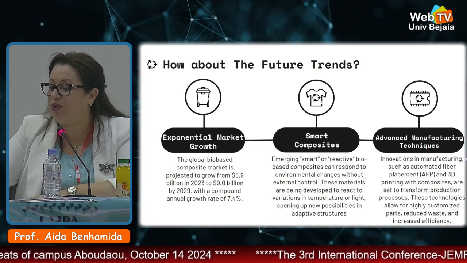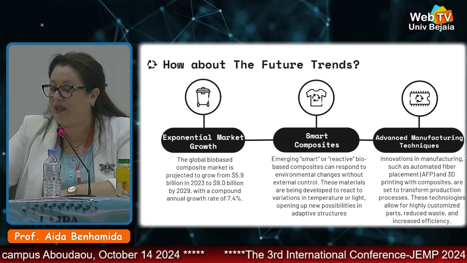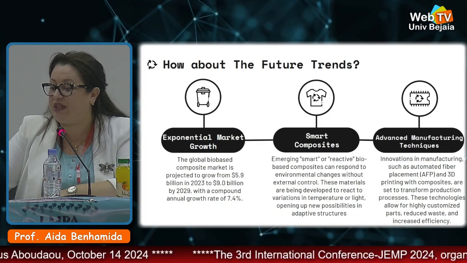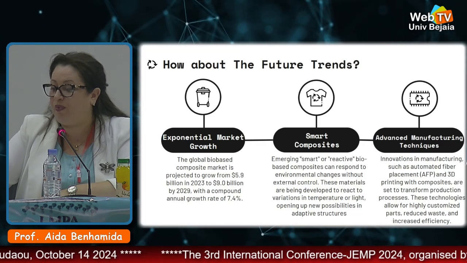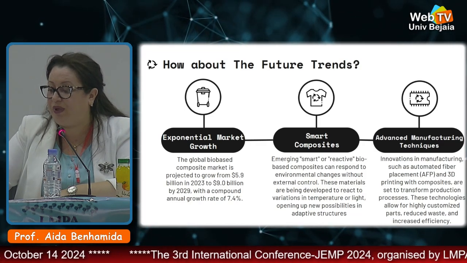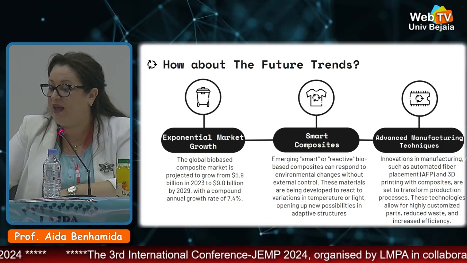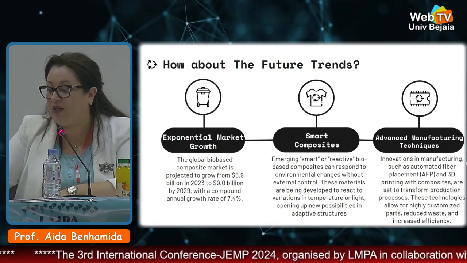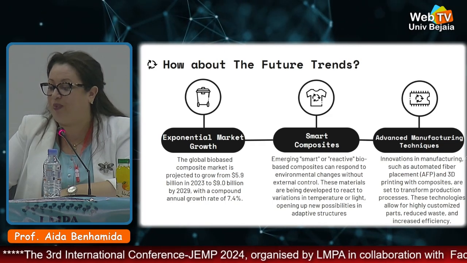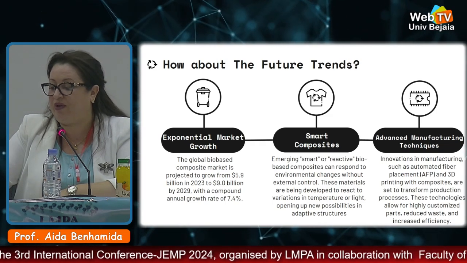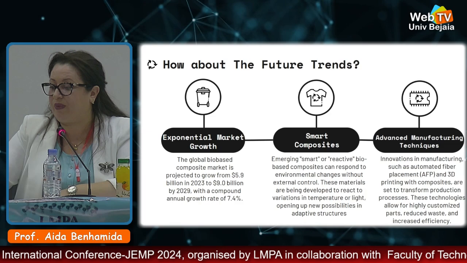And we have also advanced manufacturing techniques. Innovations in manufacturing such as automated fiber placement and 3D printing with composites are set to transform production processes. These technologies allow for highly customized parts, reduce waste, and increase efficiency.